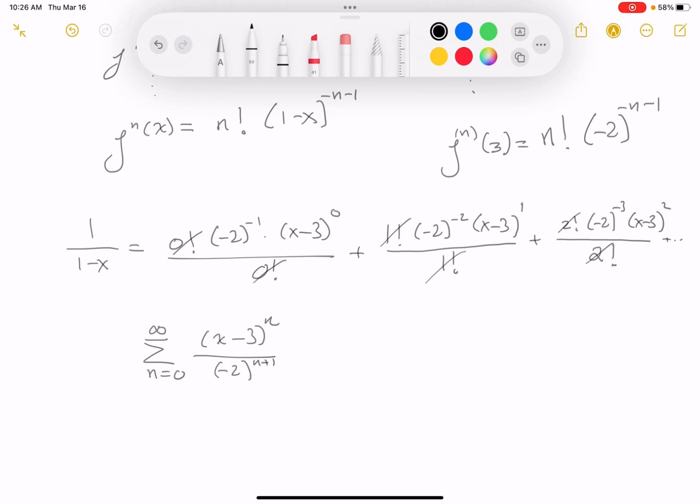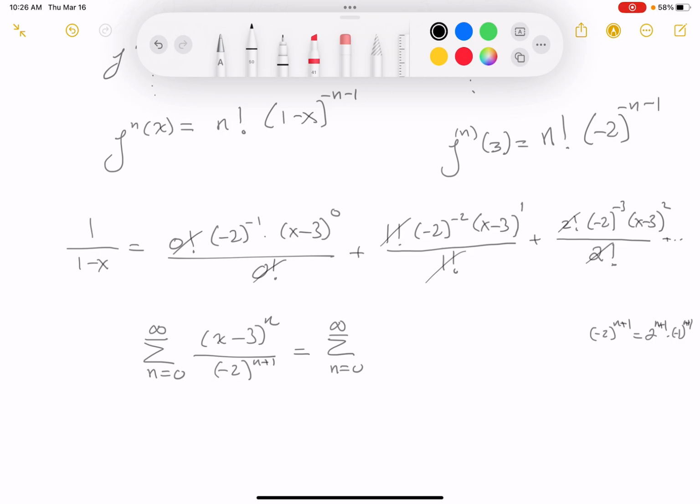And I'm going to write it a little different because I don't like the minus 2 in there. I want to see if I can write it as an alternating series. And let's take a look at that. And I'll put it on the side for you. So minus 2 to the n plus 1 is like saying 2 to the n plus 1 times minus 1 to the n plus 1.